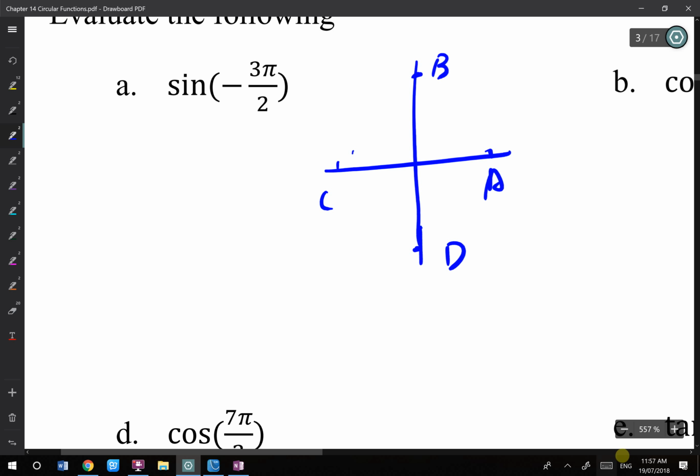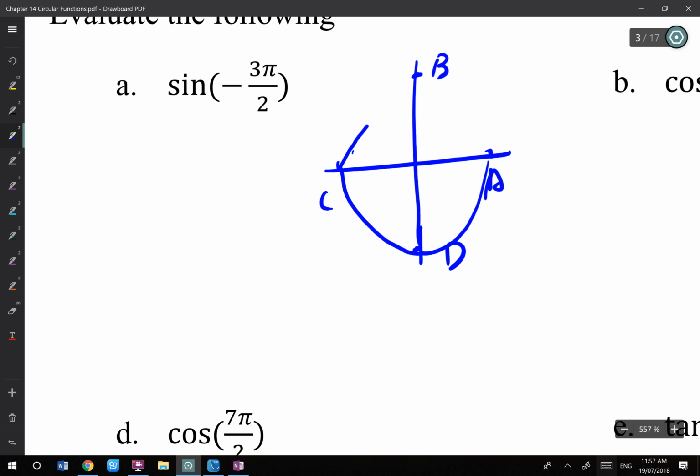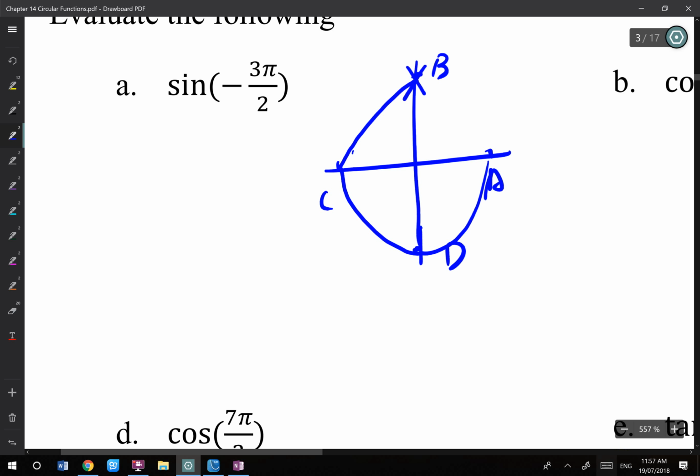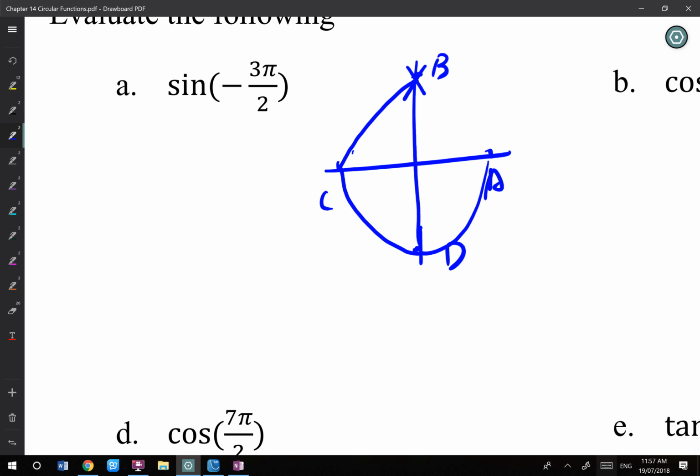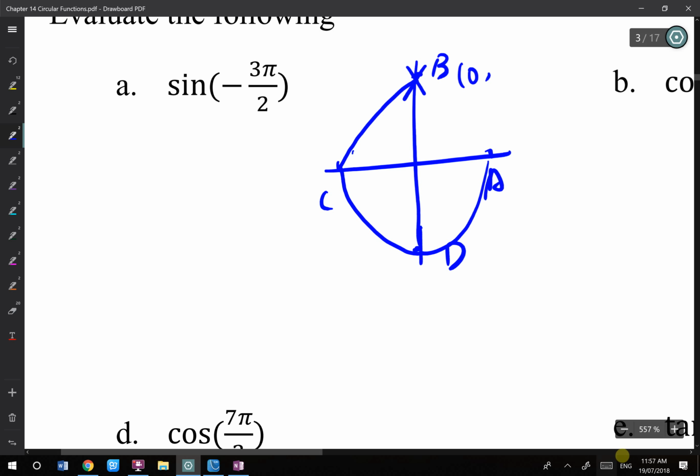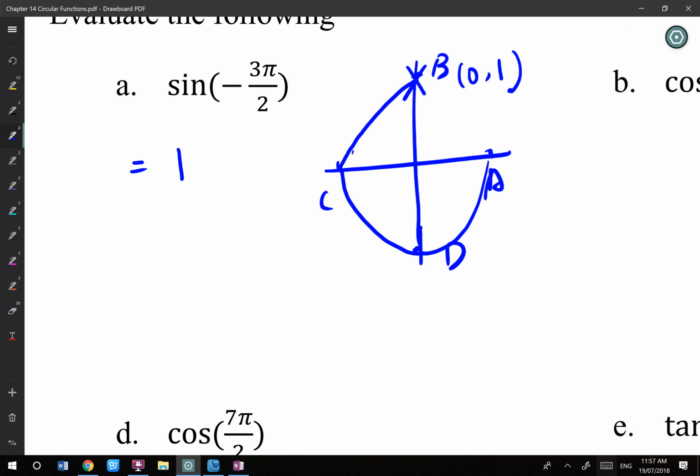Let's have a look. -2 pi, -pi, and -pi/2. So it's at that place. Okay, what are the coordinates of the intersection? 0, 1. So sine is the y value. So sine of that is 1.